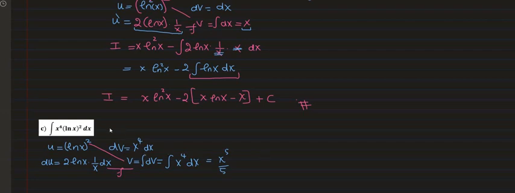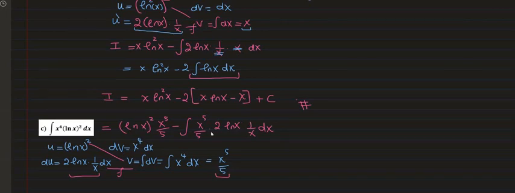So this integration is going to be equal to u times v, which is ln x all to the power of 2, times v, which is x to the power of 5 over 5. And then minus the integration of the product of these two, the v du. The v is x power 5 over 5 times the du, which is 2 ln of x times 1 over x dx.